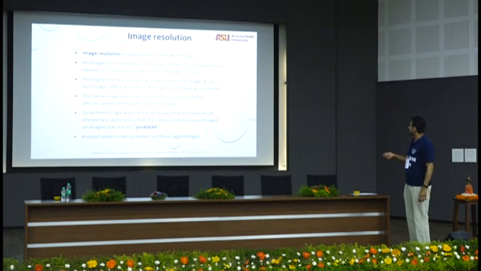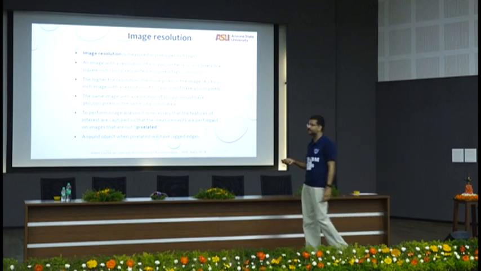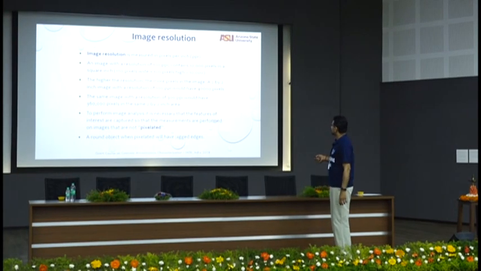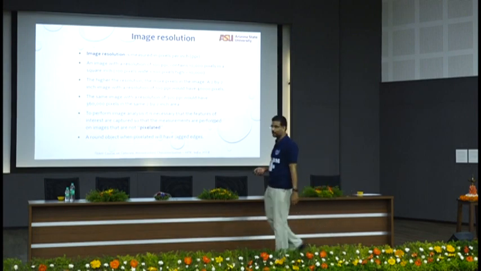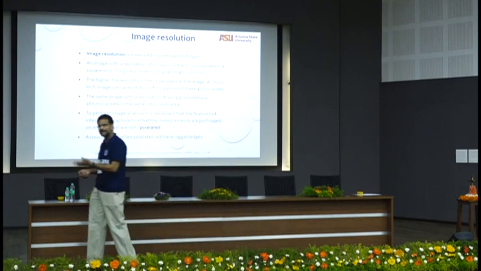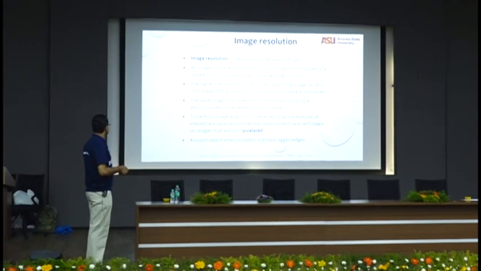An image with a resolution of 100 pixels per inch, I do everything in inches because in the US we are still so retrograde, we still do inches and feet. If you have 100 pixels wide by 100 pixels high, that's 10,000 pixels in a square inch. The higher the resolution, the more pixels in the image. If you buy a more expensive HD TV, what you're getting is more pixels per inch. Same idea. This is commonplace now, so you know what that is.